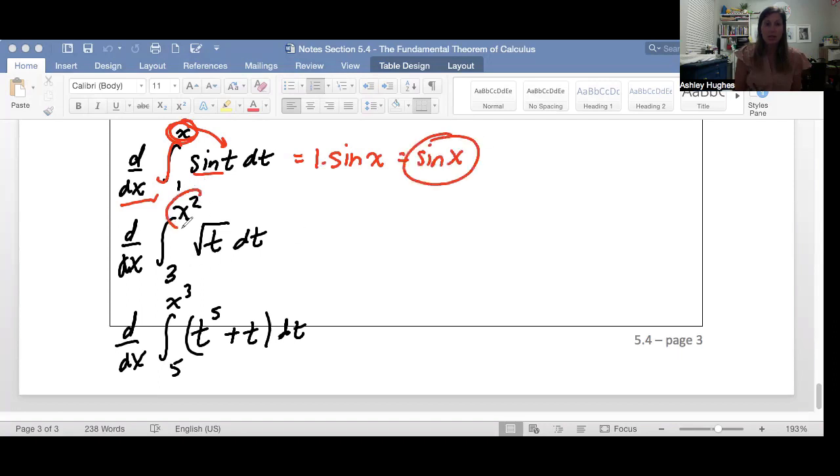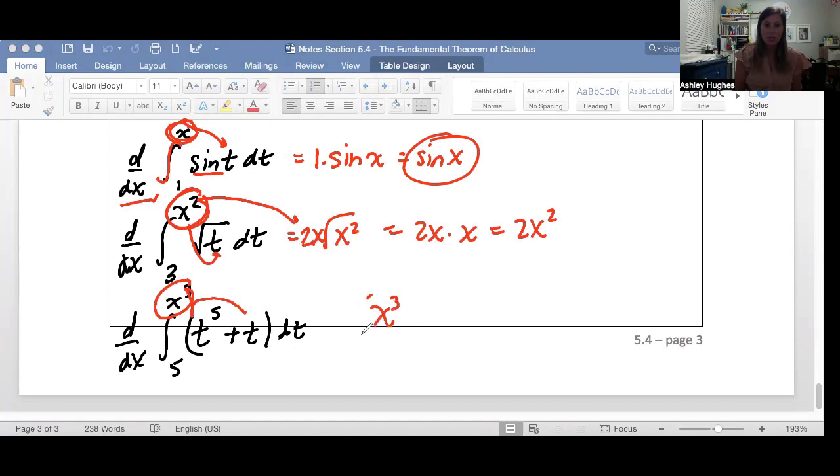Okay, this one I plug x squared into here. So it'd be the square root of x squared, but then you need to remember to take the derivative of this and multiply it. So 2x times x, so the answer actually would be 2x squared. Plug x cubed in for both of these t's here.